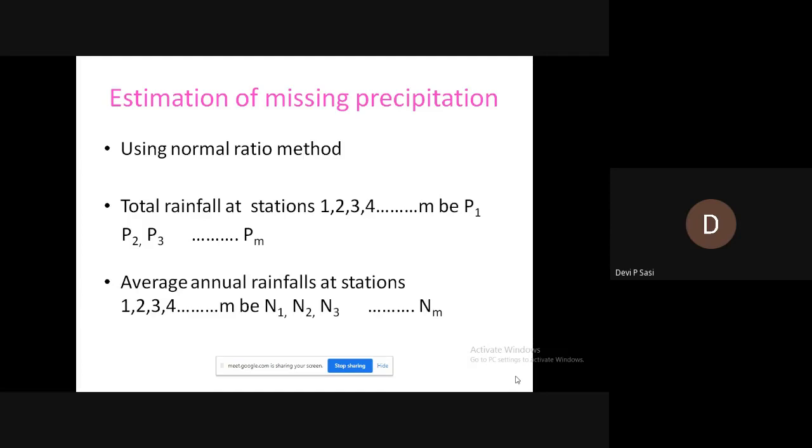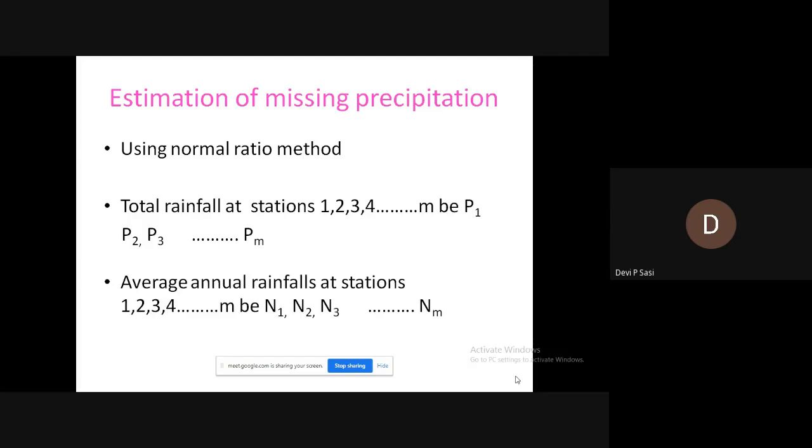It can be either due to the absence of the observer at that time, or due to instrumental failure.